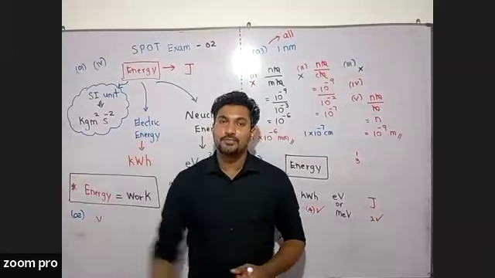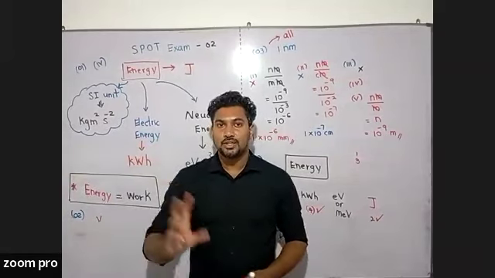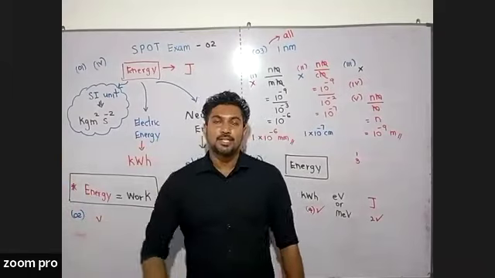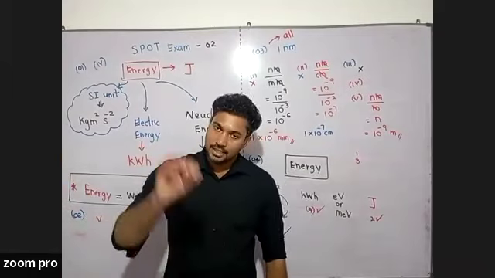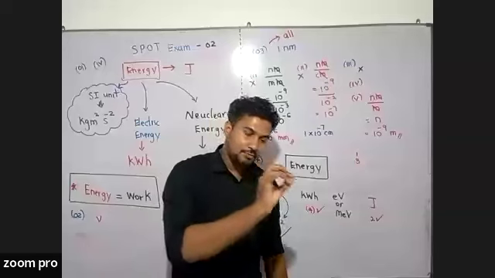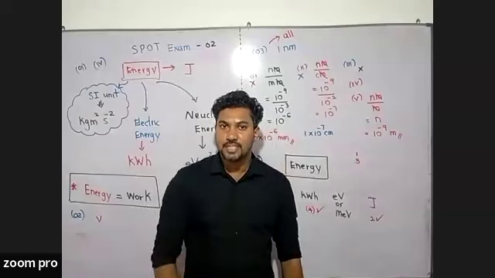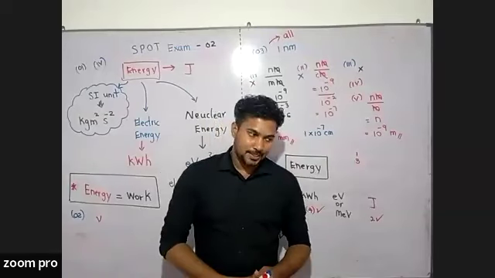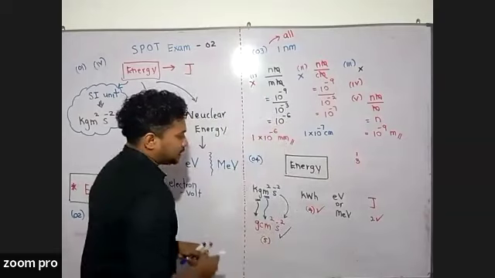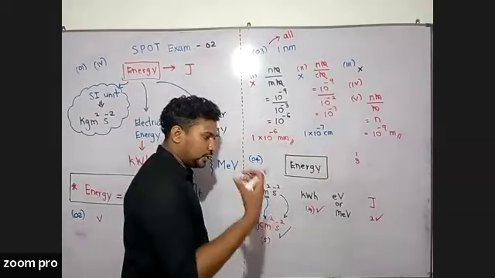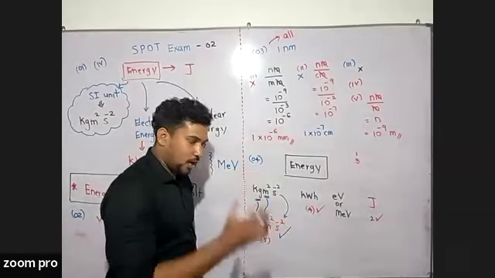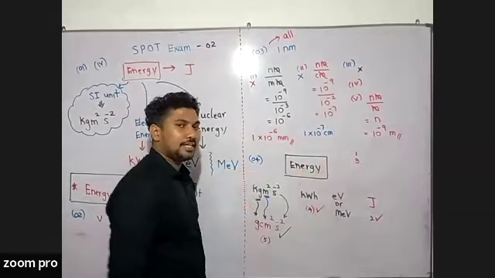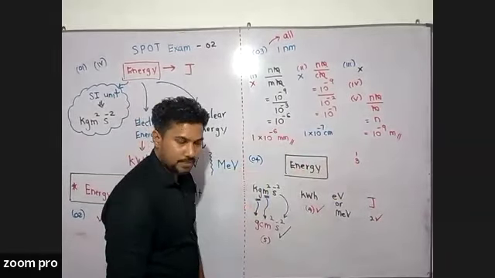That means in the future you will be able to learn about those things, right? So up to now, just keep in mind that energy and work are correlated physical quantities, right? So that means the unit of work also can be considered as a unit of energy, right?